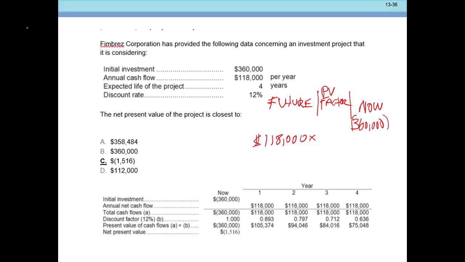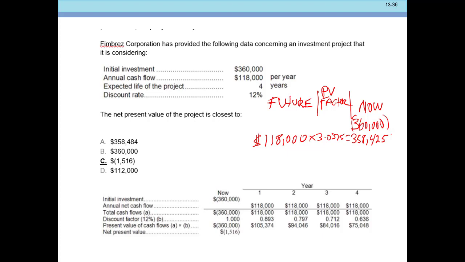3.0375. I come back, I take that 118,000, I multiply it times 3.0375. Did I pick up the right number? Okay. I multiply that 118,000 by 3.0375 and I get how much? 358,425, I think I heard. Okay, so 358,425 is the cash inflow on a present value basis, versus the amount I'm going to pay now, the 360, right?